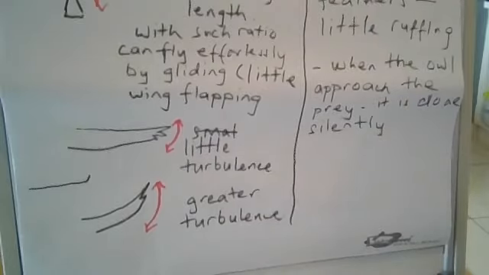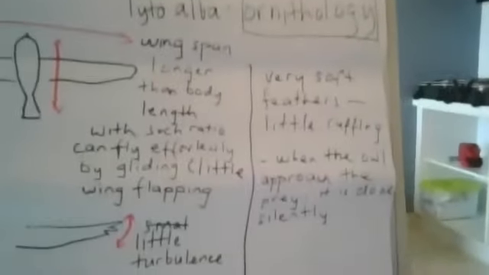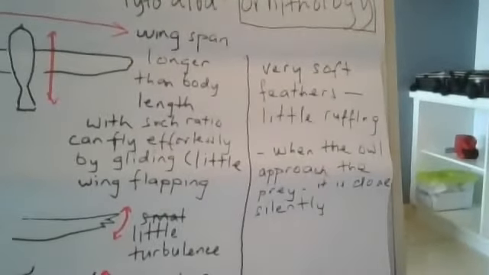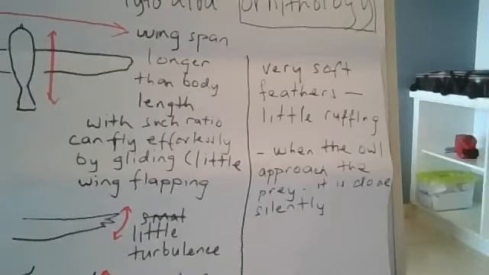Okay, the next point is the owl has a very soft feather. Very soft feather. And therefore, when it flies, it does not create much resistance and thereby little ruffling. So again, this adds on to the ratio, a substantially positive ratio of the wingspan to the body length.